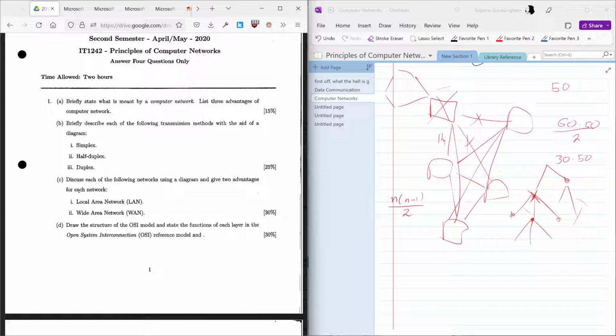B, simplex, half duplex, duplex, we did that. Local area, wide area, basic stuff. Advantages for each network. Local area: small, easy to maintain, more private. Wide area network: you can share more data, it's global, and a large number of people can access it.